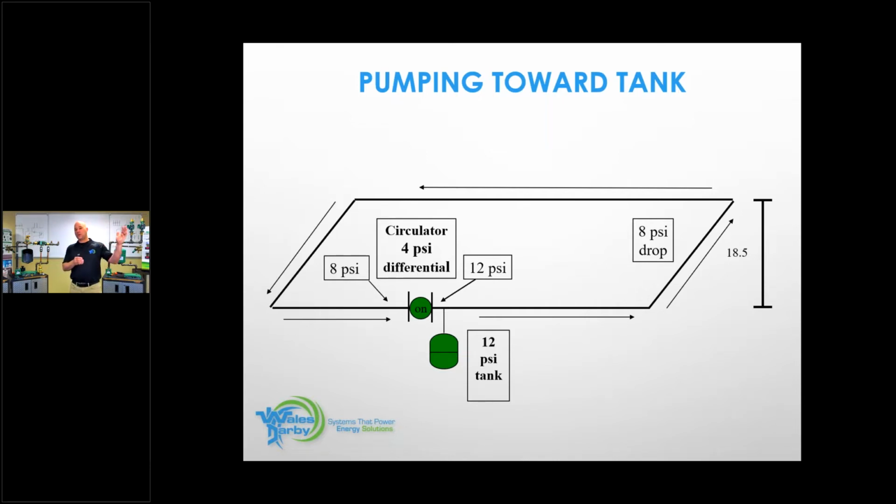So we took 4 psi from the backside. Remember, that was at 12. Now it's at 8. Our front side, where we want the positive pressure, stays the same at 12 because we're pumping into the expansion tank, which means that we will have 0 pressure at our highest point in that heating system.